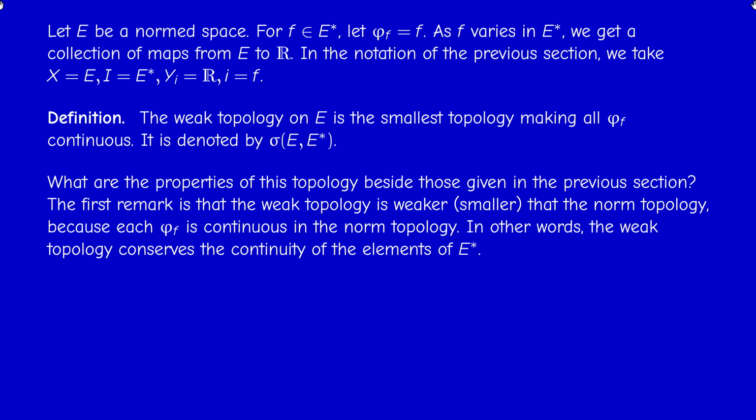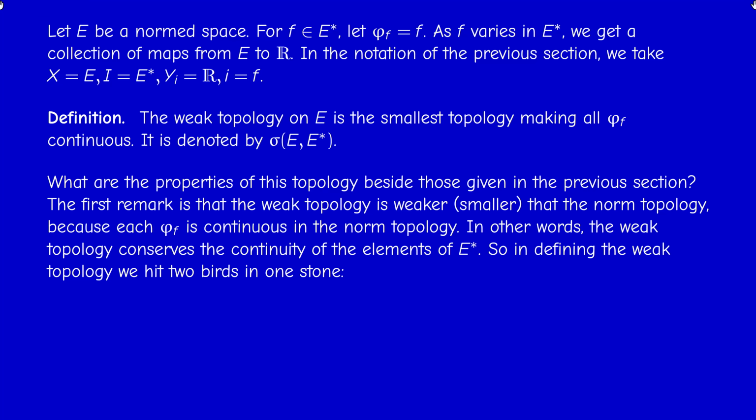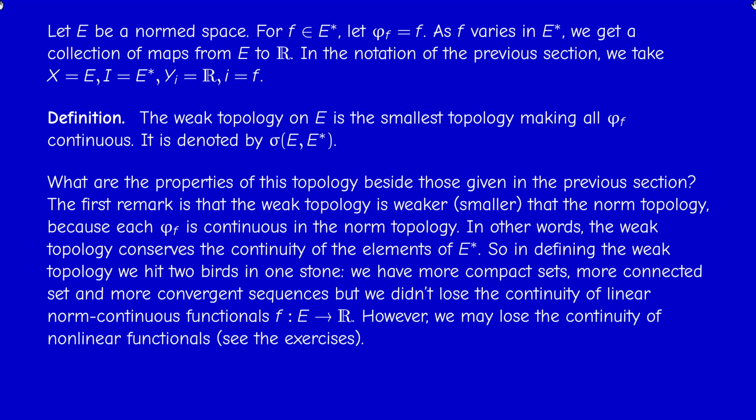On the one hand, we defined a smaller topology, so we have now more compact sets, more connected sets, more convergent sequences, but at the same time, we didn't lose the continuity of at least the linear maps from E to R. However, we may lose the continuity of non-linear maps from E to R. This is explored in the exercises.